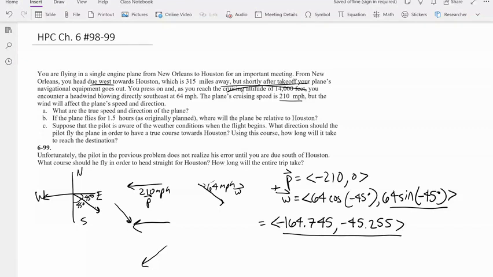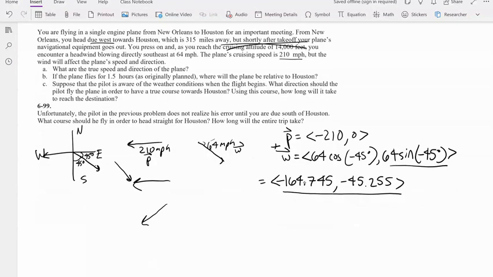And then to find the resultant speed, find the magnitude of, so this is P plus W, right? So find the magnitude, which just uses the Pythagorean theorem. That gives you the resultant speed, and you can do that in your calculator. And then the direction would be tan inverse, right?